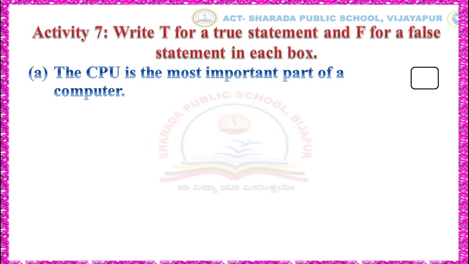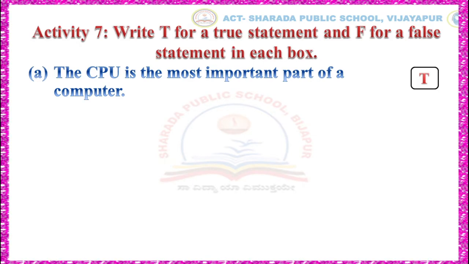Children, is it true or false? Yes, it's true. Now, write T in the given box. Similarly, you need to write T for true and F for false statements in each box.